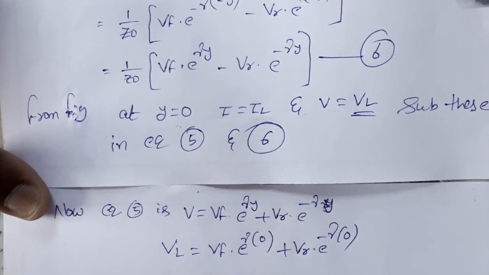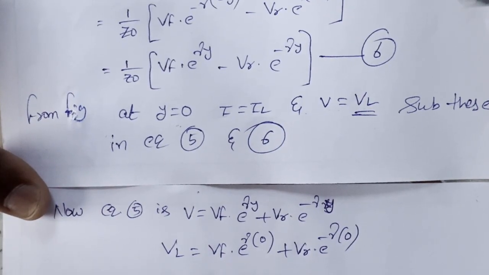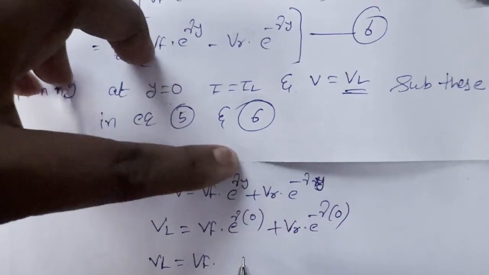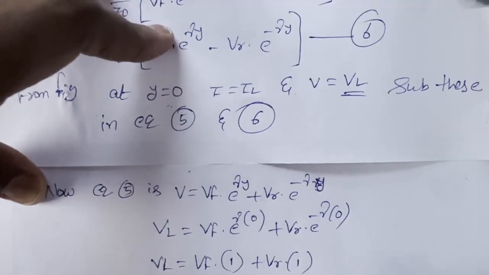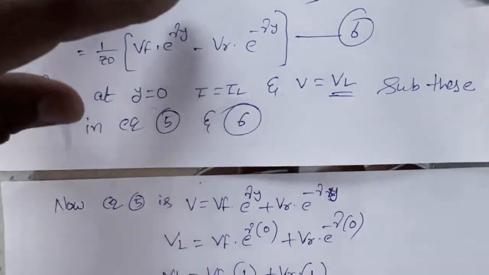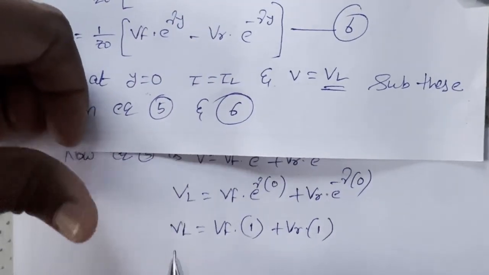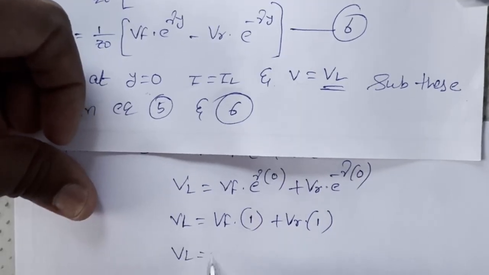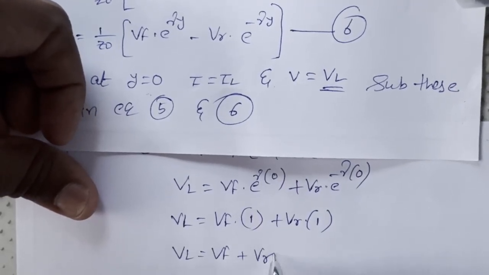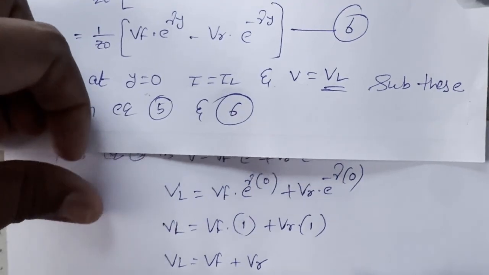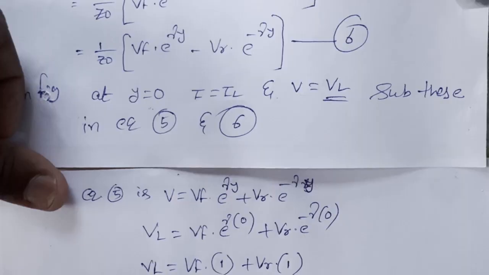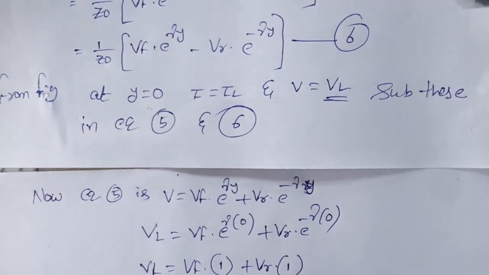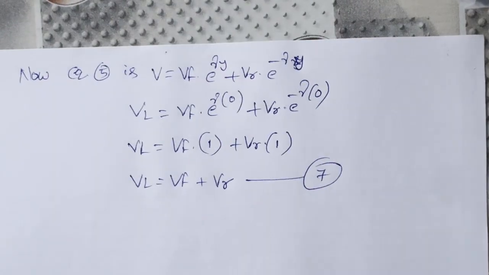Then VL is equal to Vf into e power 0. Anything power 0 is nothing but 1. So 1 plus Vr into 1. Then VL is equal to Vf plus Vr. Assume it is equation number 7.